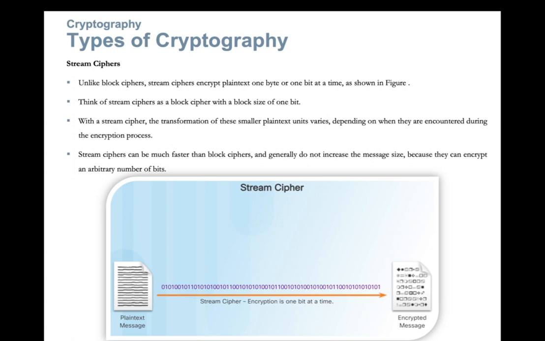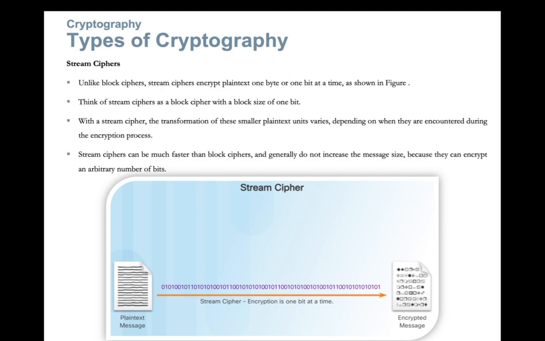A5 is a stream cipher that provides voice privacy and encrypts cell phone communication. It is also possible to use the Data Encryption Standard, DES, method in stream cipher mode. Complex cryptographic systems can combine block and stream in the same process.